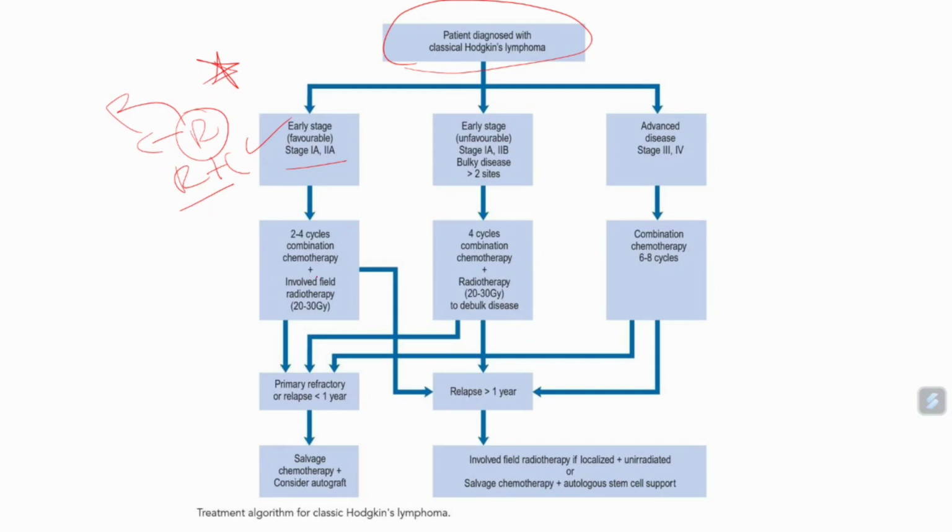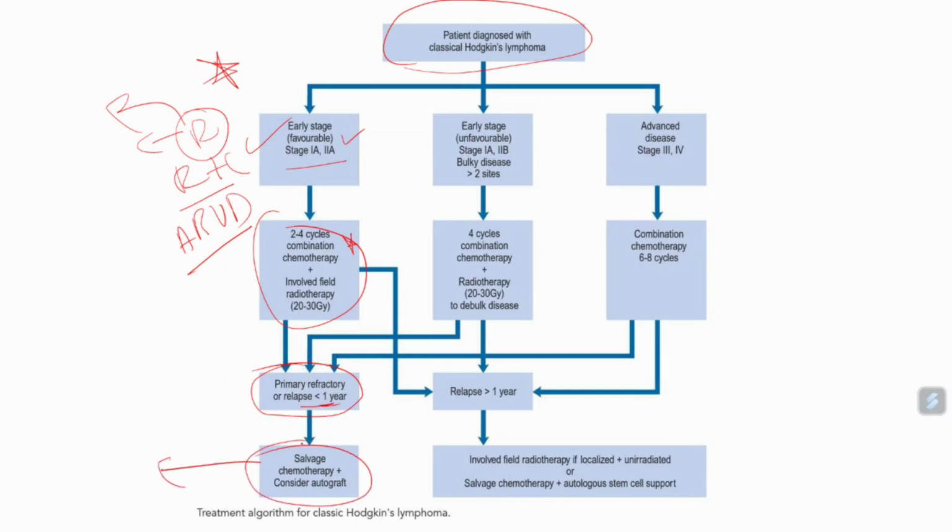Here 2 to 4 cycles of combination chemotherapy are given. In combination chemotherapy, as already discussed, we have the ABVD regimen, which is given in the favorable condition. After the treatment, if the patient has primary refractory disease or relapses in less than 1 year, we will go with salvage chemotherapy.